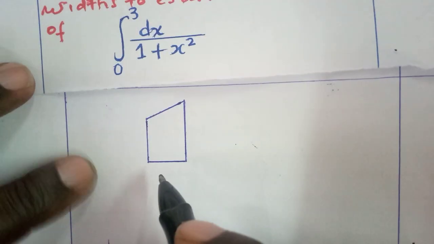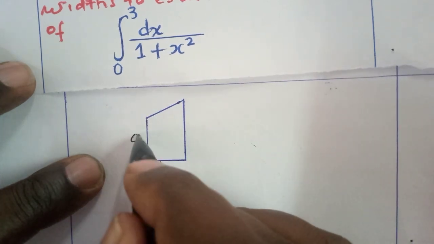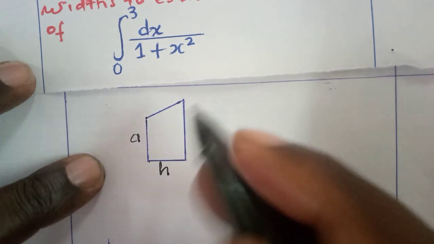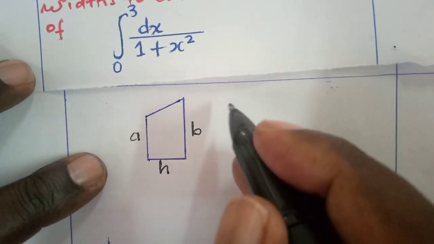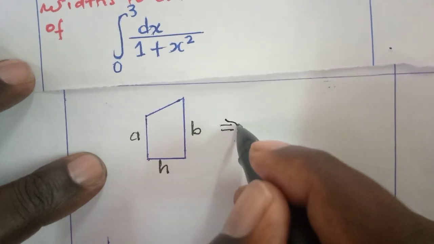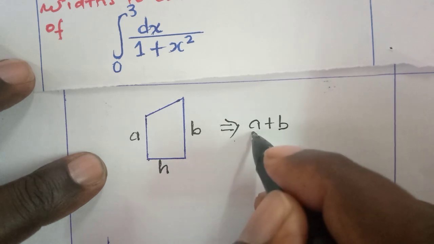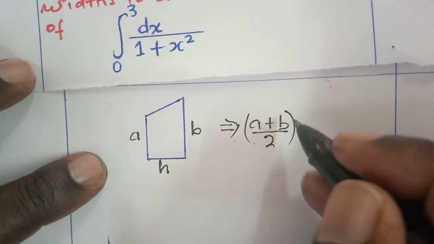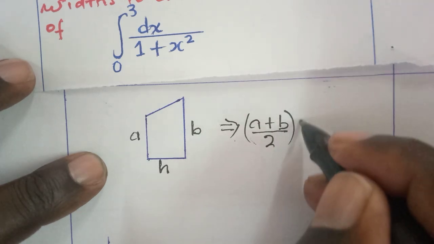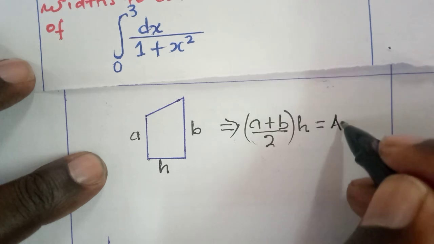If you have this one being H, and here you have A, that is, this side is A and this side is B, then the area is A plus B all over 2, multiplied by H. This gives us the area of that trapezium.